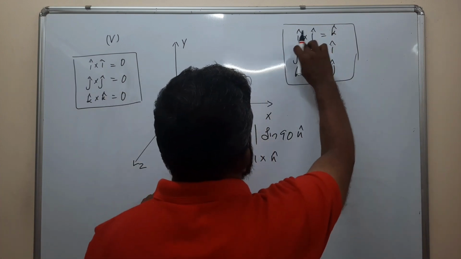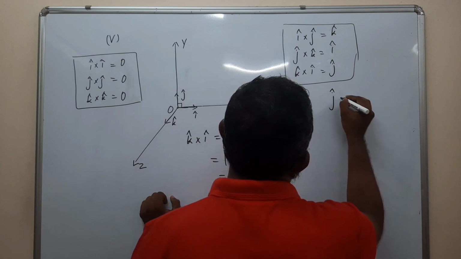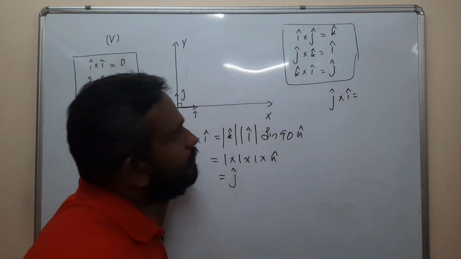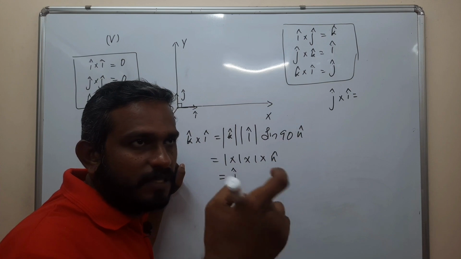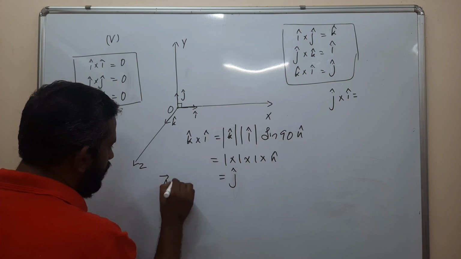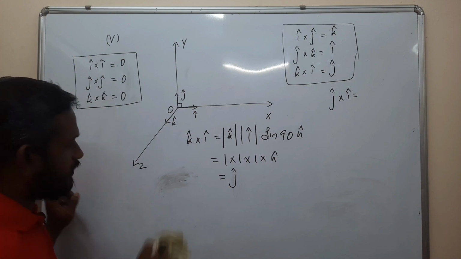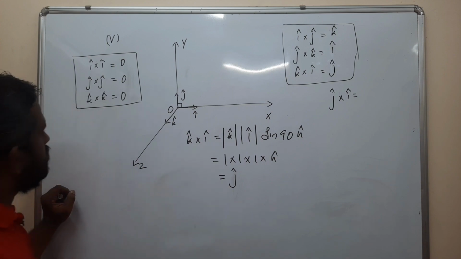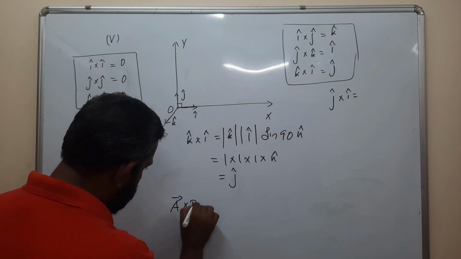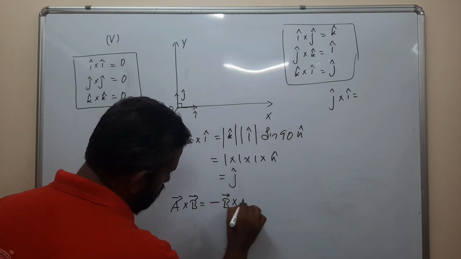So I vector cross j vector is equal to k cap. What about j vector cross I vector? J cap cross I cap. We have already studied that a vector cross b vector is anti-commutative: a vector cross b vector is equal to minus b vector cross a vector.